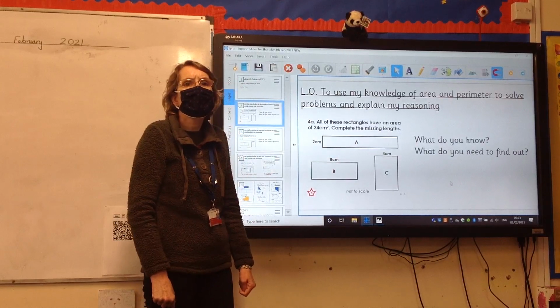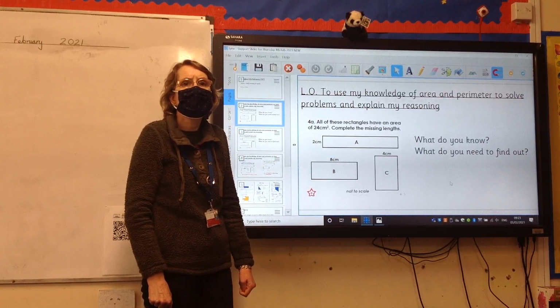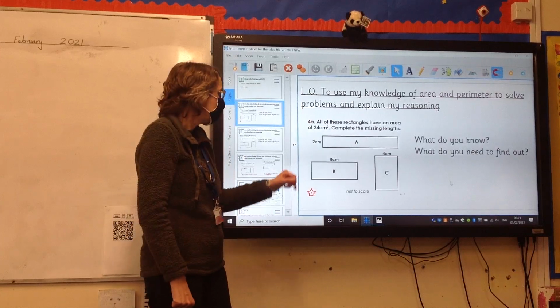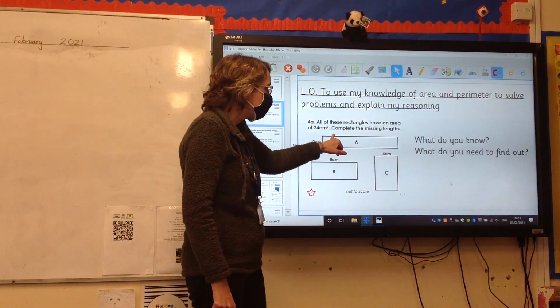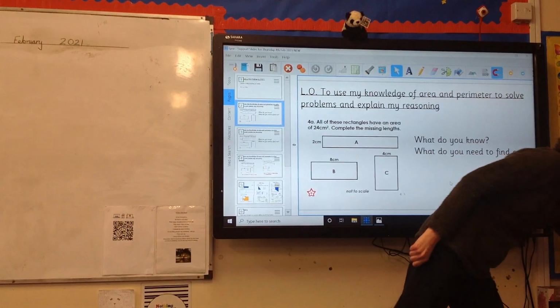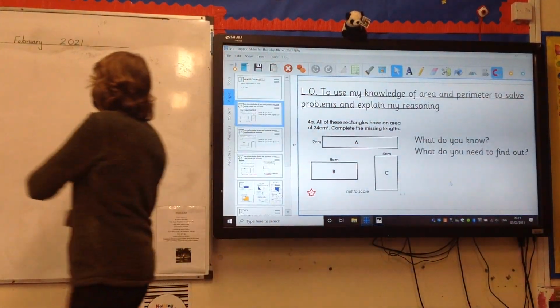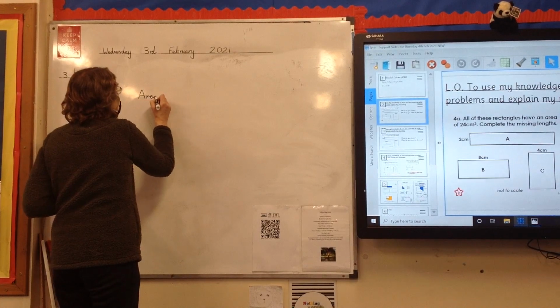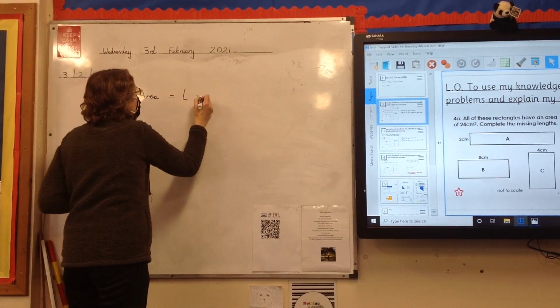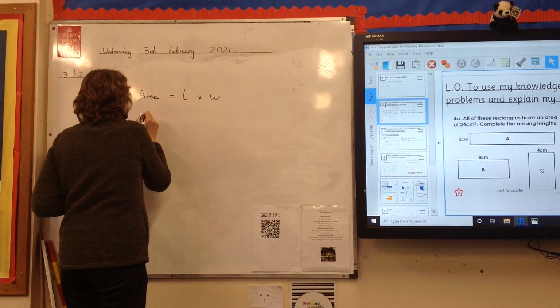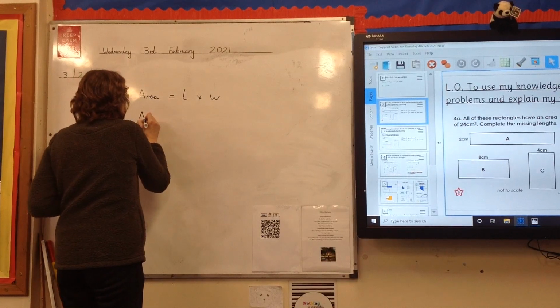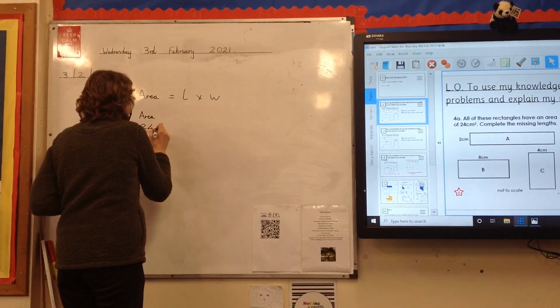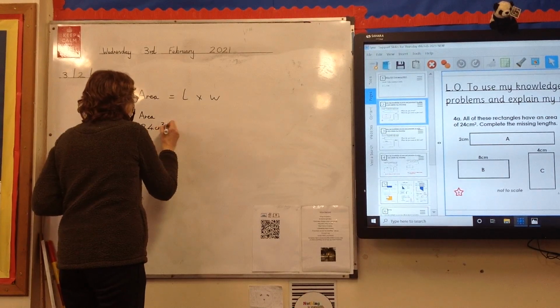Find out what times 2 is 24. Good, yes. So you find out 2 times something is 24. So let's just pop it on here. Because we know that the area equals length times width. Good. So, we know the area is 24 centimetres squared.